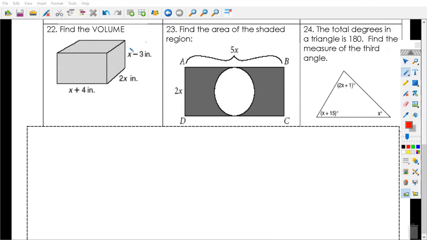So here it says find the volume. We have three sides with three terms. What I wanted to model here is that when you're multiplying with polynomials, just write them out and multiply from left to right. That's because order doesn't matter when it comes to multiplication.